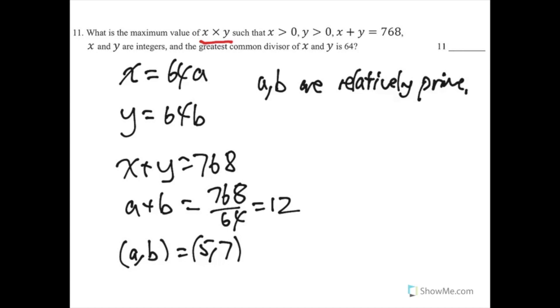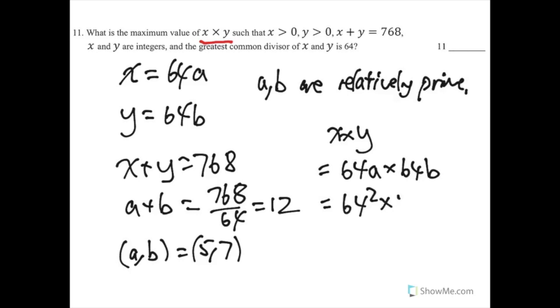And so x times y would be equal to 64a times 64b, equal to 64 squared times 5 times 7. And this will give us our result, and so this is our final answer.